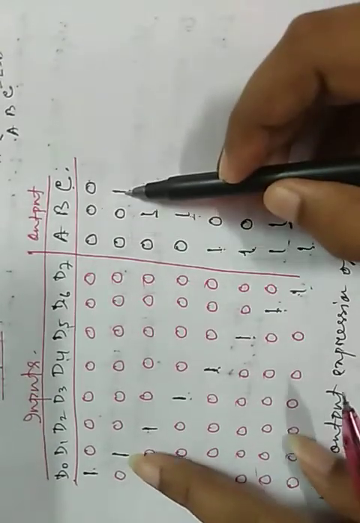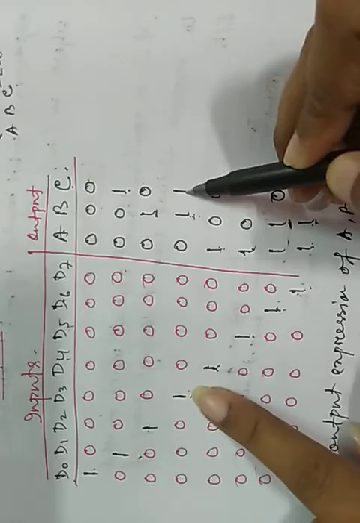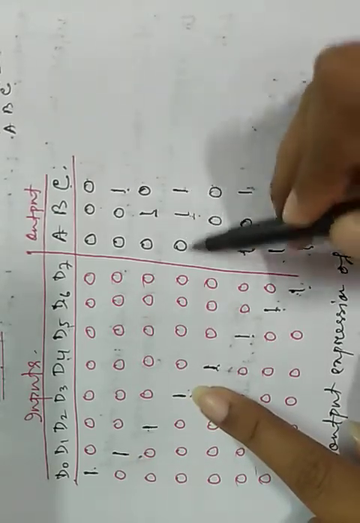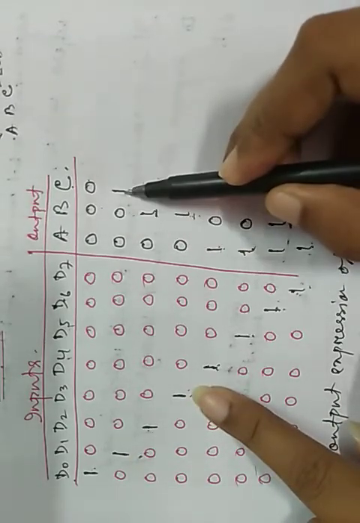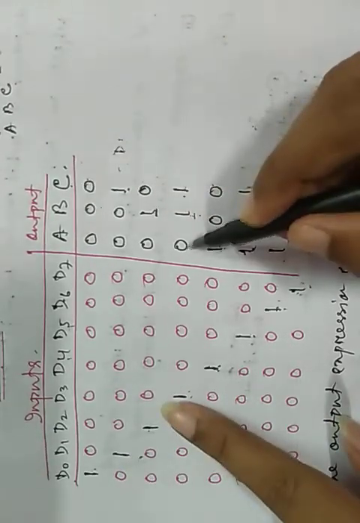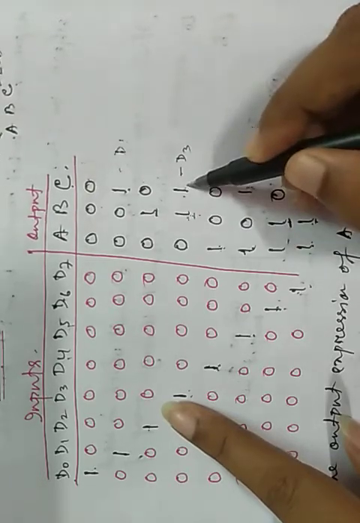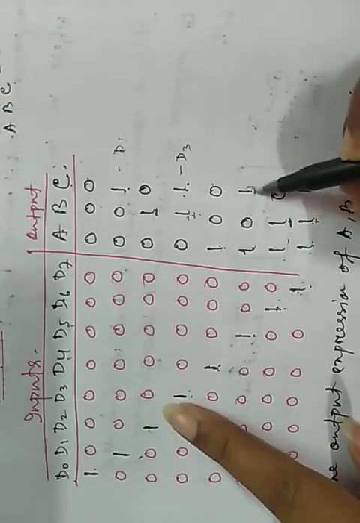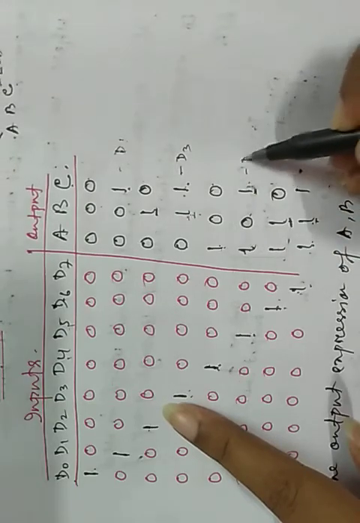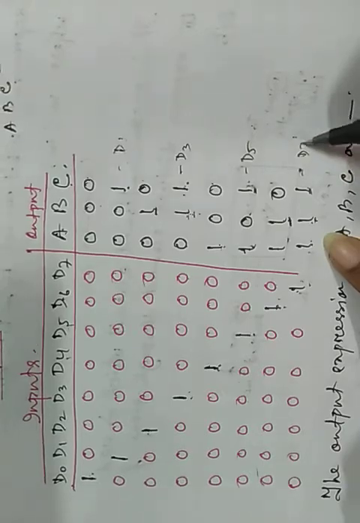this is D1. Okay, and this one is for D3, only its decimal value. This is 001 means 1. This is for D1. This is 011. 011 means D3. This is for D3. Again, this one 101, that means this is D5. And the last one is this, that means D7.